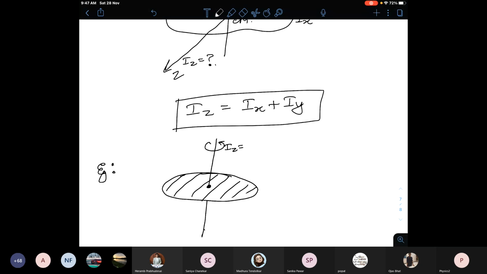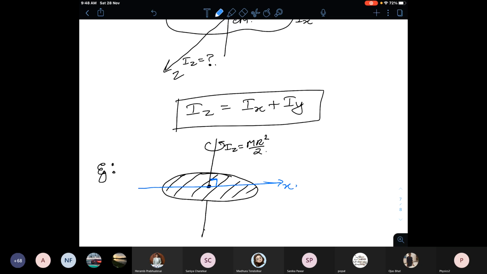I know the moment of inertia about the z axis, it was mr square by 2. But now I need the moment of inertia about this axis, about the diameter, that is in the x direction. So z and x are perpendicular to each other.